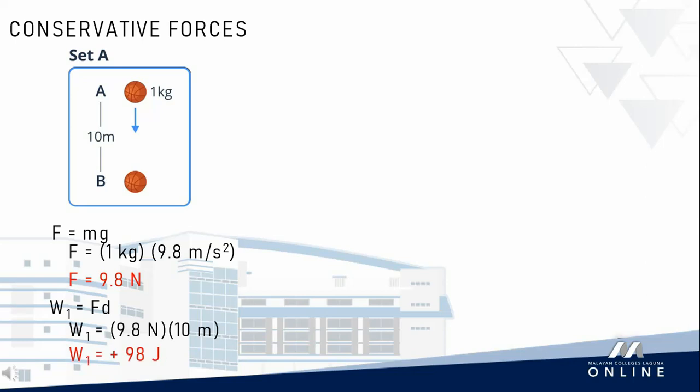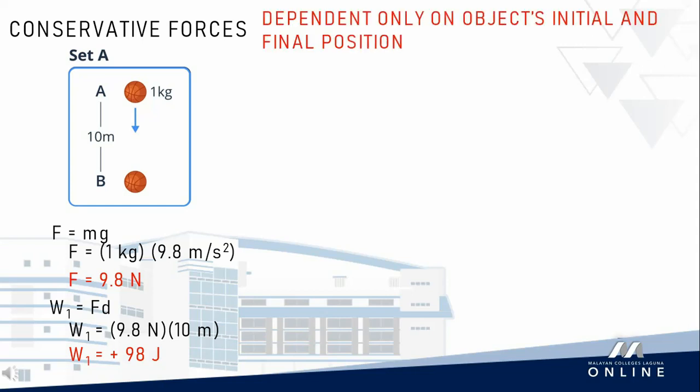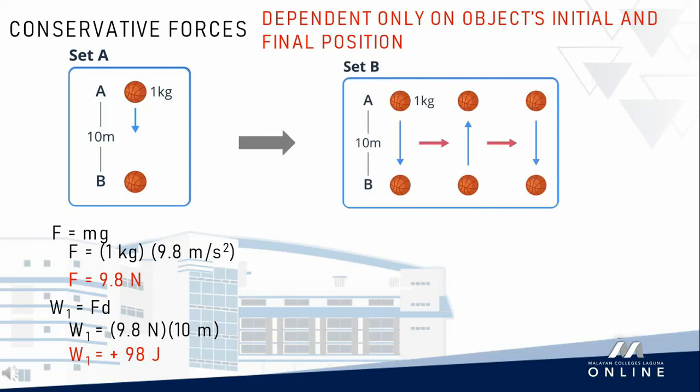We mentioned that conservative force is dependent only on the object's initial and final position, and that, regardless of which path you apply the force, as long as your final position is the same, you will get the same amount of work. To visualize this, let us again compare the previous example with another setup.